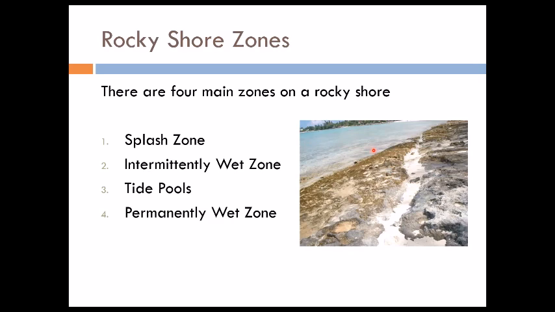If these rocks are covered during low tide, then they are always going to be covered by water. That's why we call it the permanently wet zone. Whether it's high tide or low tide, this part of the rocky shore is always going to be covered by water.